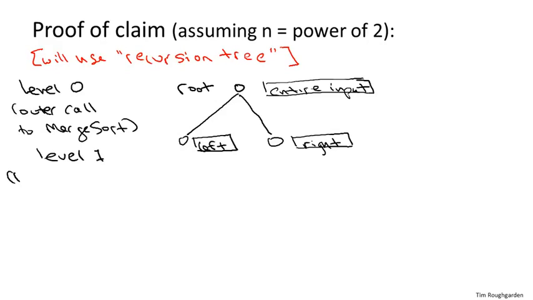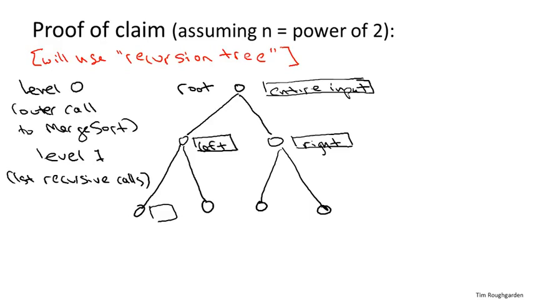Now, of course, each of these 2 level 1 recursive calls will themselves make 2 recursive calls, each operating on a quarter of the original input array. So those are the level 2 recursive calls, of which there are 4, and this process will continue until eventually the recursion bottoms out in base cases when there's only an array of size 0 or 1.